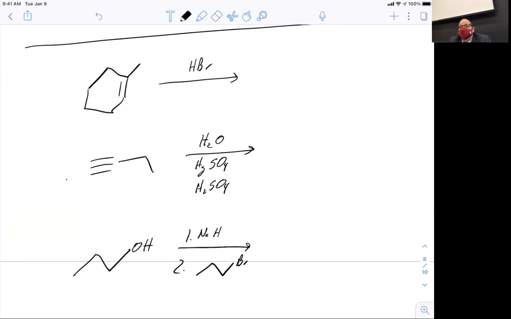Okay, so let's take a couple of minutes. Predict the products of these reactions. Include regio and stereochemistry if it's there.